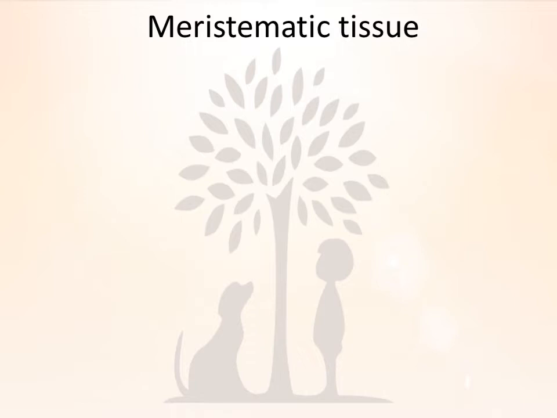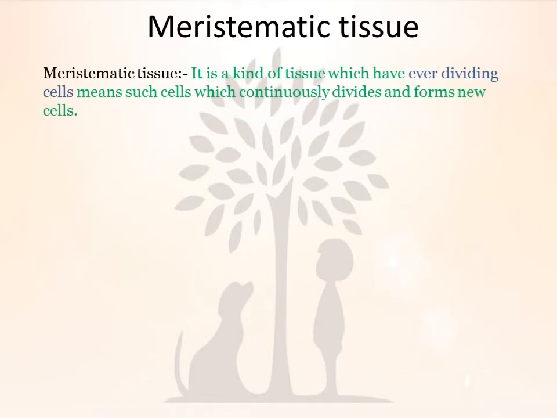Now we discuss the first type of plant tissue, that is meristematic tissue. It is a kind of tissue which has ever-dividing cells, meaning such cells which continuously divide and form new cells. These cells continuously divide and every time form new cells, and these new cells lose the capacity to divide, become permanent and form part of the plant.